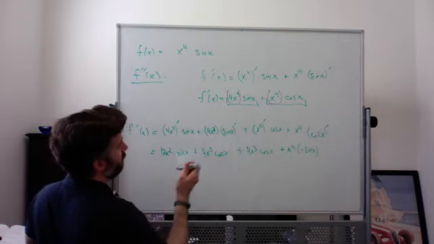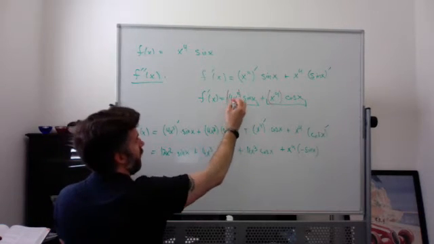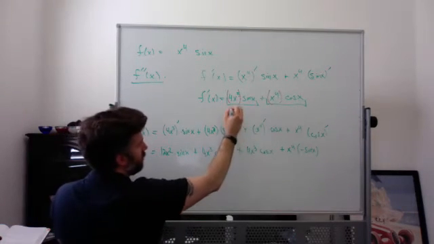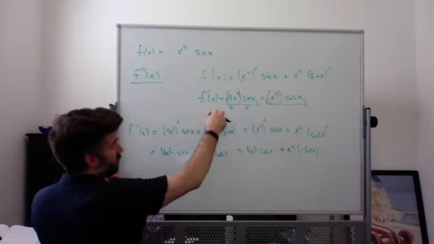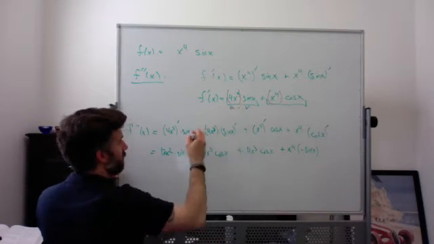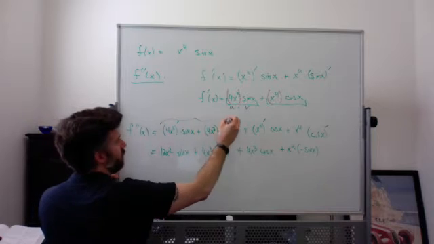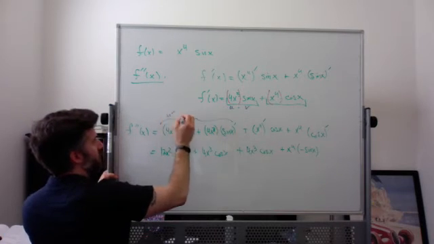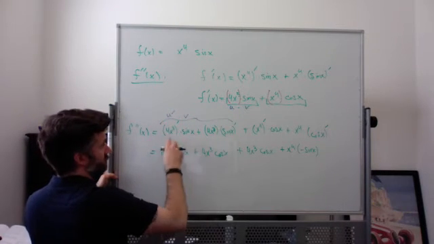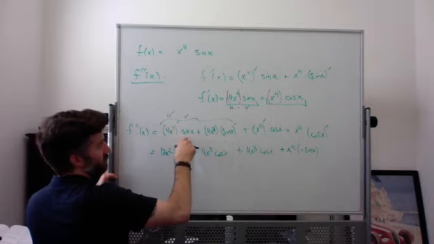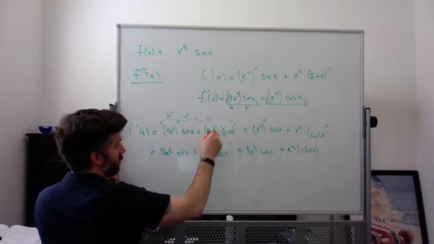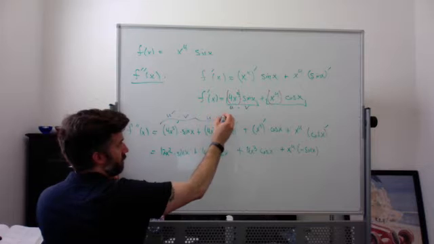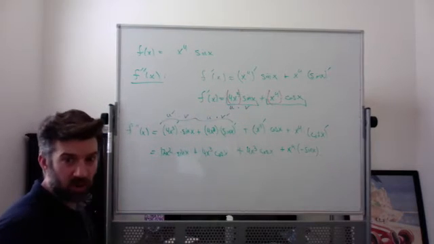I'm thinking of this here as, usually people use u and v. So that's my u and that's my v. And to take the derivative of u times v, I'm using the product rule. I'm getting u prime times v, 4x cubed derivative times sine of x, plus u, which is 4x cubed, not derivative, times v prime. So I use the product rule for that part.